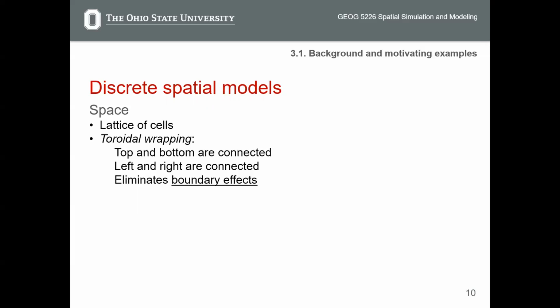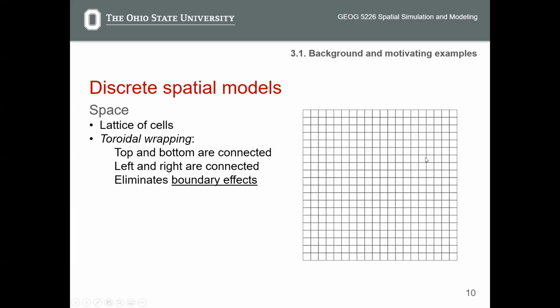So in computer science, when we use simulation models to address space, we use a lattice of cells, like a chessboard. And here it is. It is a chessboard, right? And there is a grid on this chessboard, and we have small cells.